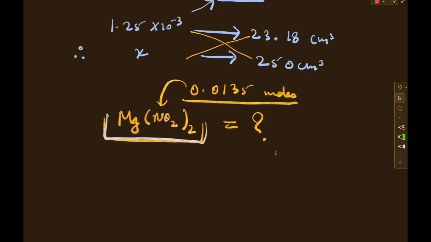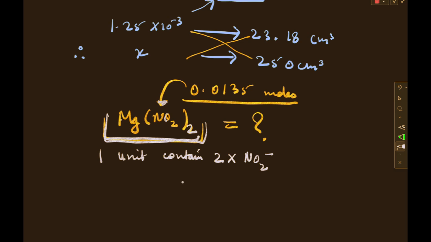Now listen very carefully, okay? In 1 unit, if I say this is my 1 unit of Mg(NO₂)₂, I have twice the amount of NO₂⁻ nitrite ions, right? So if I want the mole of the entire unit, 1 unit contains 2 times NO₂⁻. Therefore, how many moles of Mg(NO₂)₂ would there be?